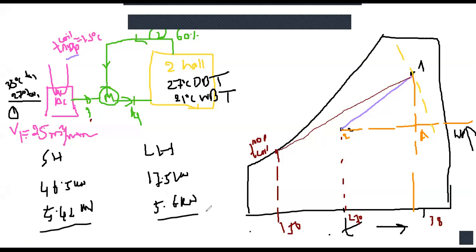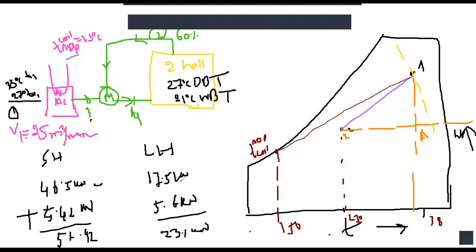Total sensible heat and total latent heat is how much? 51.92 kilowatt and here 23.1 kilowatt. Okay, total.